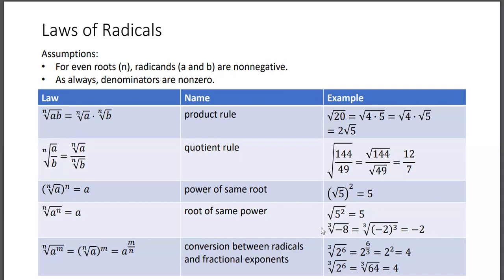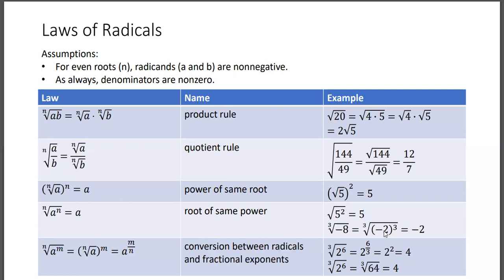Let's look at this example where the radicand is negative because we have an odd root, an odd index. That's okay. It's only for even roots that you have to have non-negative radicands. Cube root of negative 8 is the same as the cube root of negative 2 cubed.